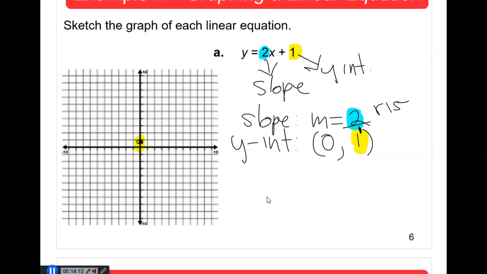That means that the rise is going to be 2 and the run is going to be 1. Both are positive, so we're going to move 2 units up and 1 unit to the right, because the 2 is positive and the 1 is positive. From where? From the y-intercept. So this is going to be our starting point.